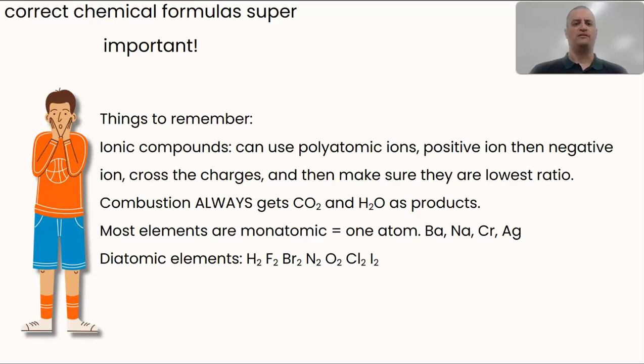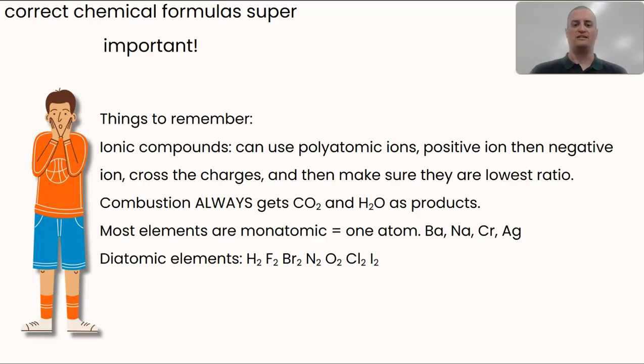When it comes to the correct chemical formulas, this is super important, because if you have these being wrong, your balancing is going to be wrong as well. So remember, when you have ionic compounds, those are things that are metals and nonmetals bonded together. They use polyatomic ions, which you find on the back of your reference sheet. The positive ion goes first, then the negative ion, cross the charges, and then make sure they're the lowest ratio, meaning that they can't be reduced any further.